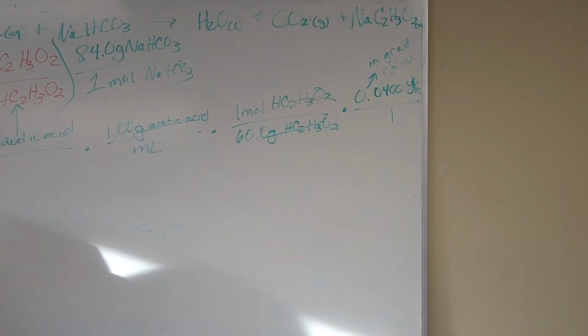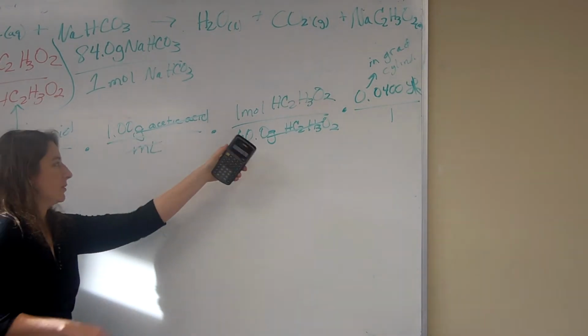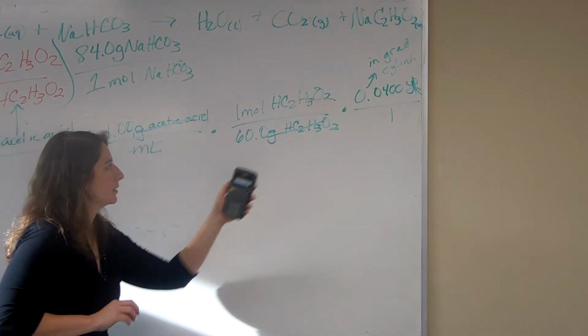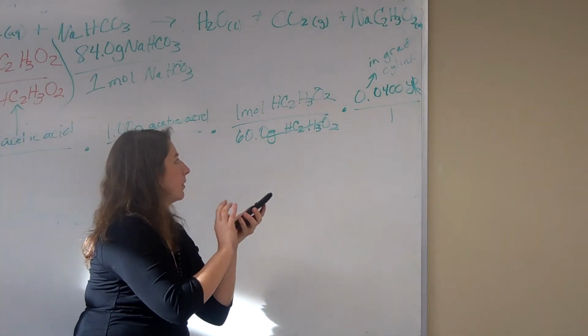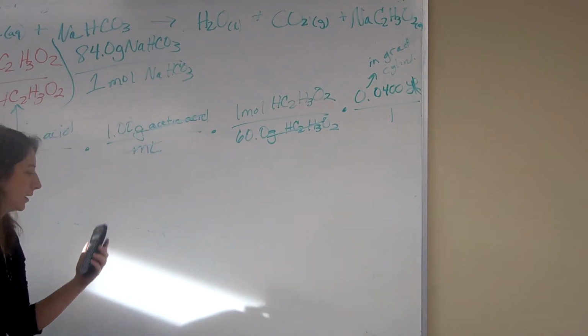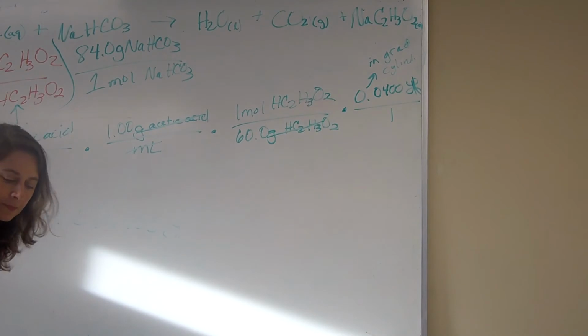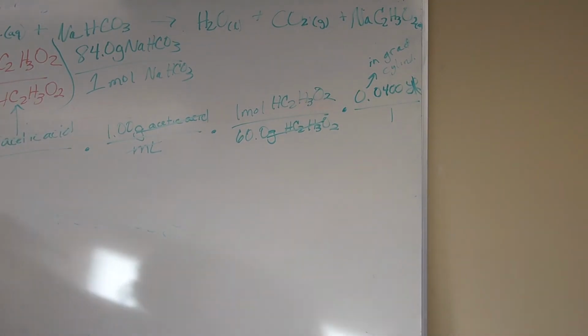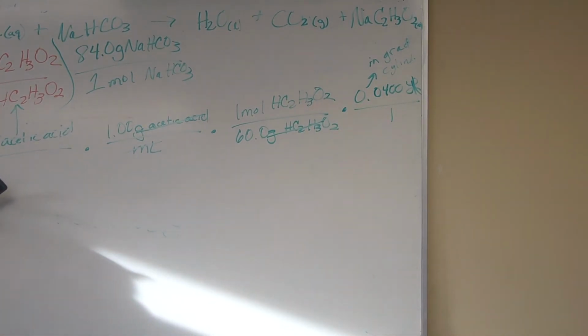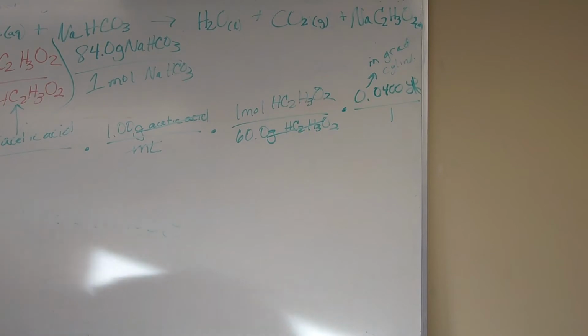I'm going to type 5 times 10 to the 1, which is 50, times 1, which doesn't do anything, divided by 60, times 0.04, and I get... What's that thing after the 0.04? That's a liter that's canceled out with this liter right here. Because this is in the denominator, that's in the numerator. Even though they're far apart, they can still cancel because I'm just multiplying this giant thing through.